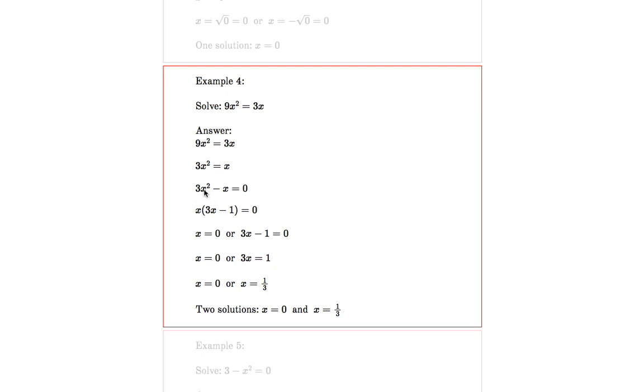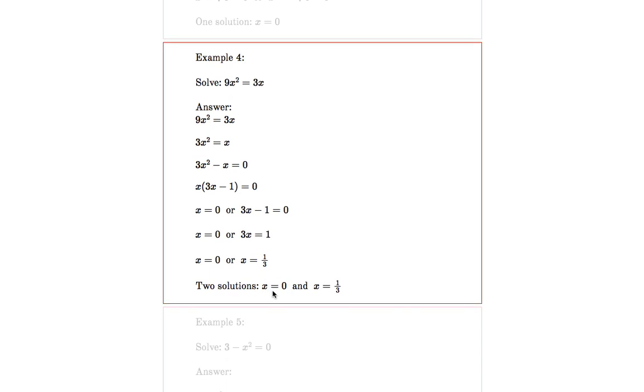We factor out one x as in the second example. So x is outside, here we get 3x, and here we just get minus 1 is 0. So x is 0, or 3x minus 1 is 0. So we move the 1 to the other side. 3x is 1, x is 1/3. Two solutions, x is 0 or x is 1/3.